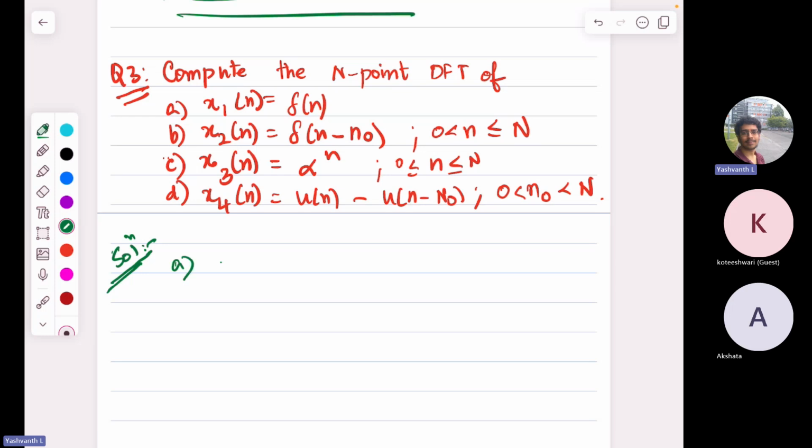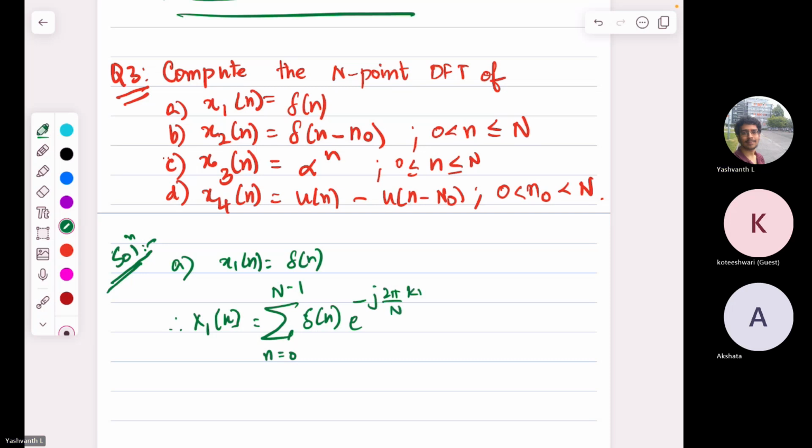A. If x1 of n equal to delta of n, therefore your x1 of k, which is your discrete Fourier representation, is by definition summation n equal to 0 to N minus 1 of x of n, which is delta of n, into e power minus j 2 pi by N into kn. Now, can anyone tell me what is the summation?